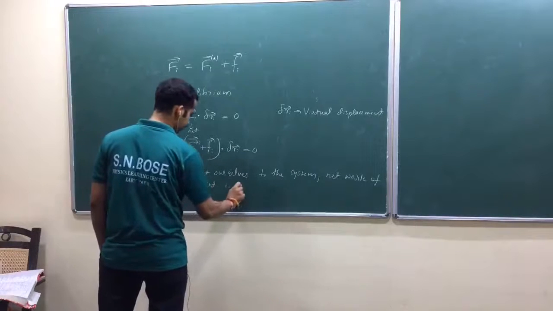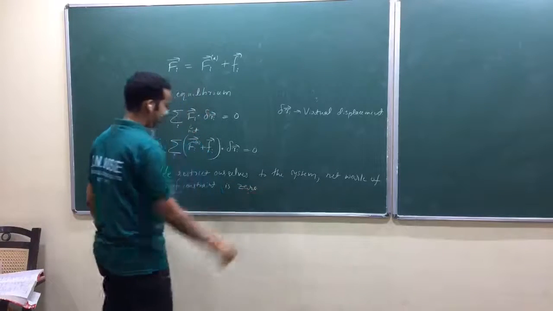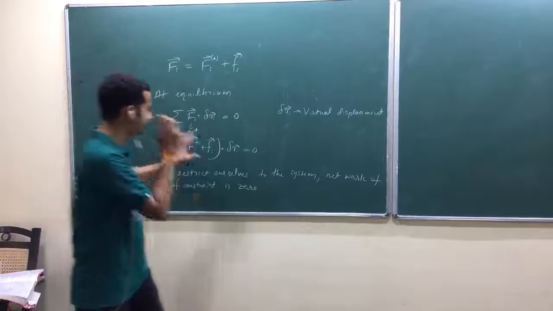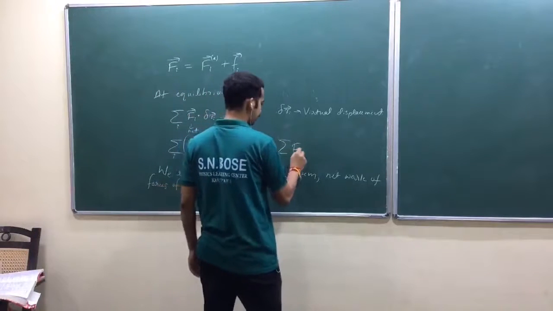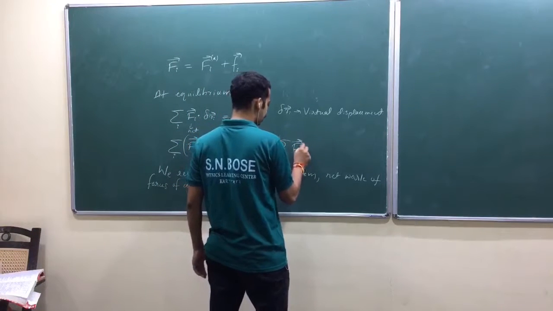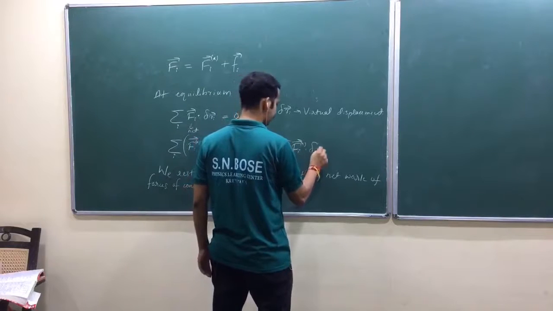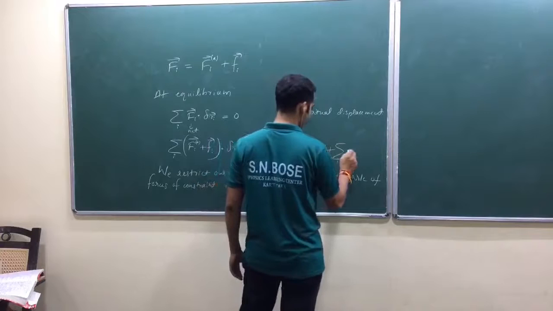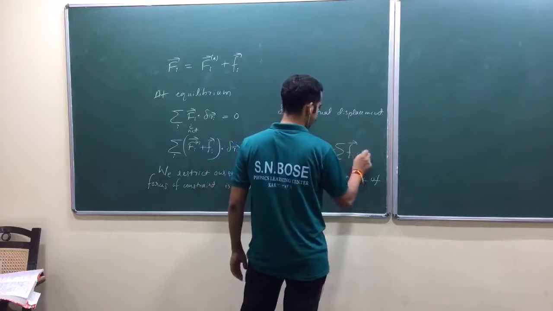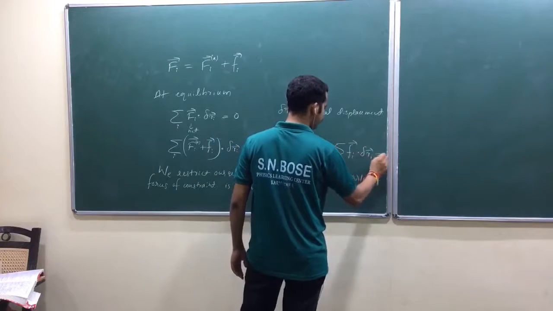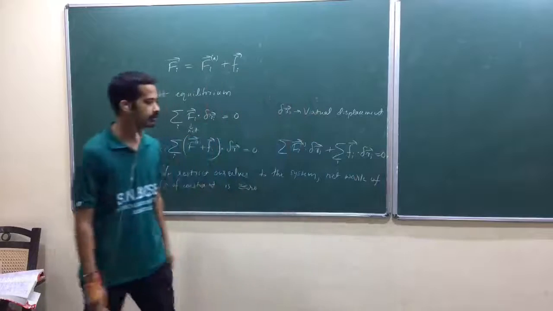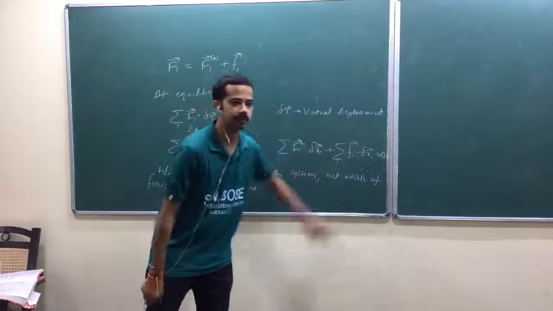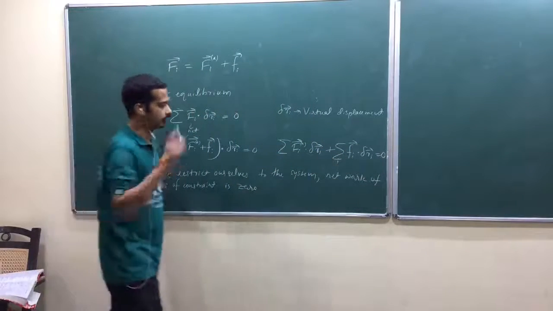When I divide this into two parts, summation over i of Fi applied dot delta Ri plus summation over i of fi dot delta Ri is equal to 0. We restrict ourselves to the situation where this second part is 0. Let me tell you how.